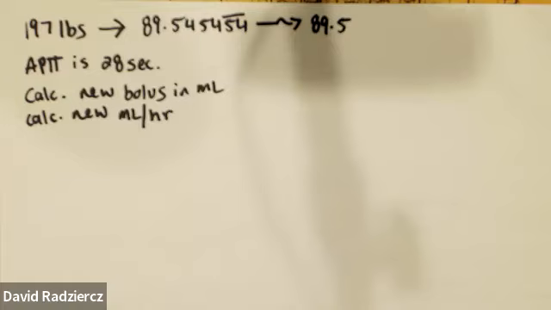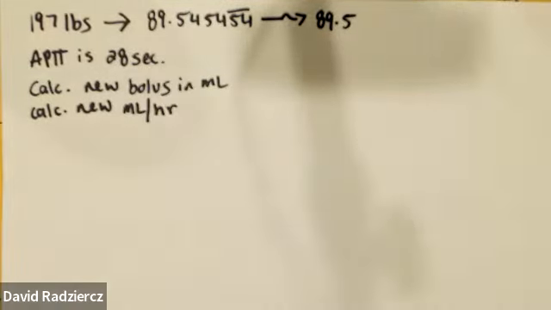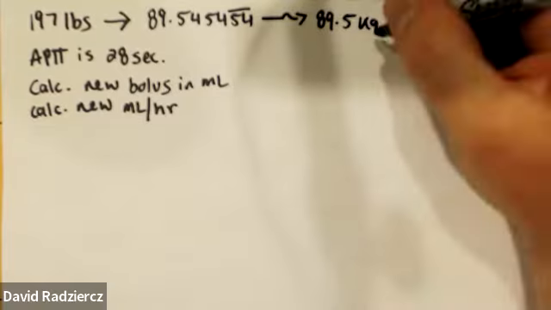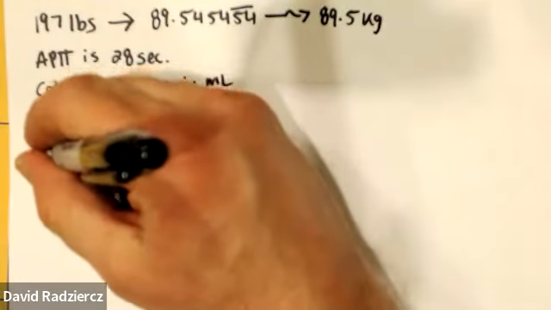Even if you chose not to round, I would say it's wrong if you just left it at 89. You definitely need to round to the nearest 10th because you've been told to do that for so much. So anyways, 89.5 kilograms. So I'm going to calculate the new bolus based off of that 89.5 kilograms.